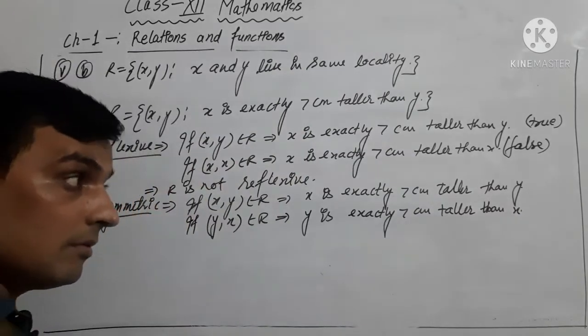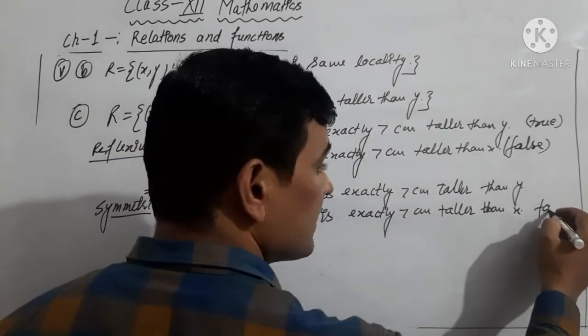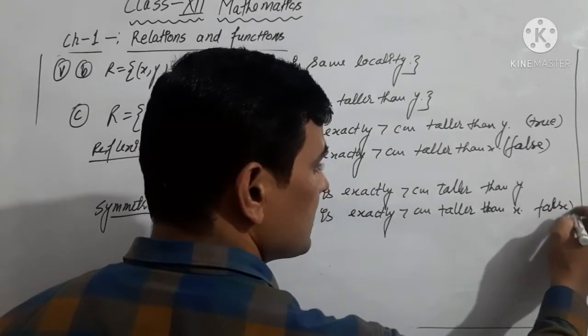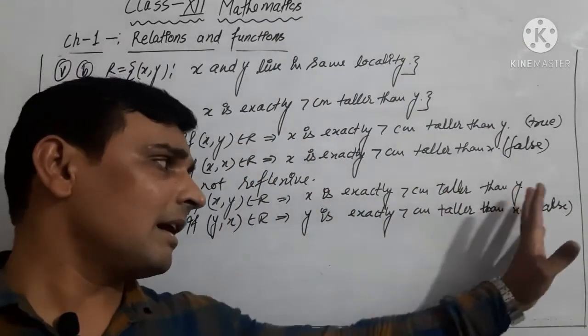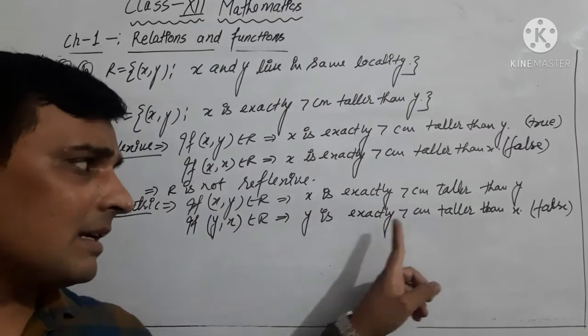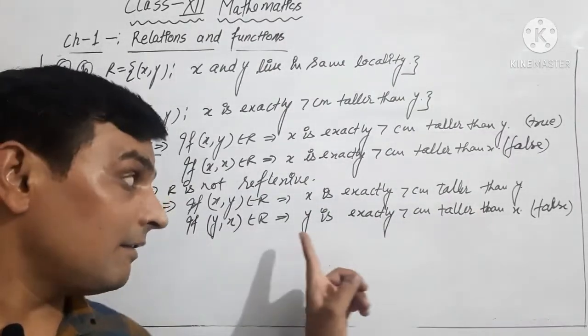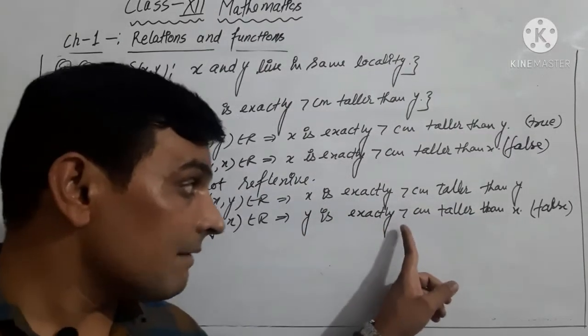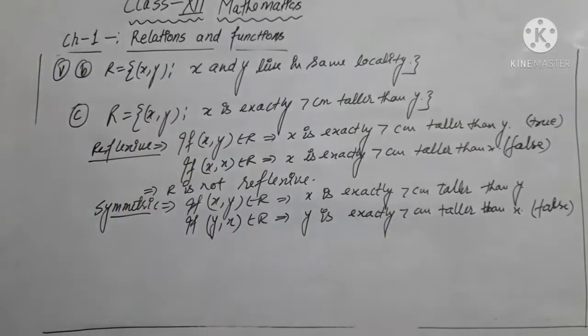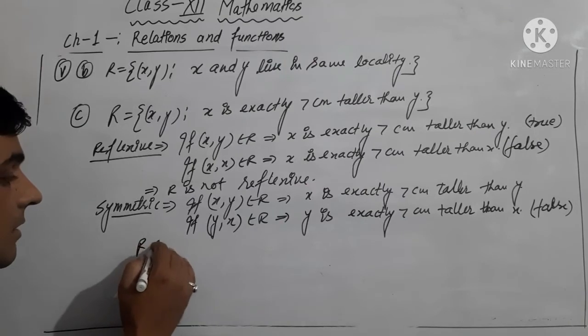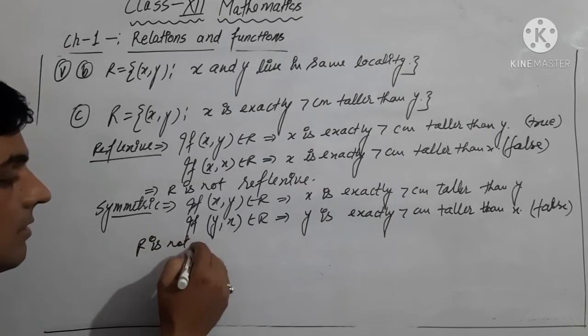It is not true. This is false. Why is this false? Because if x is exactly 7 centimeter taller than y, then y will not be exactly 7 centimeter taller than x. y will be exactly 7 centimeter shorter than x, not taller. So this condition is false. So R is not symmetric.